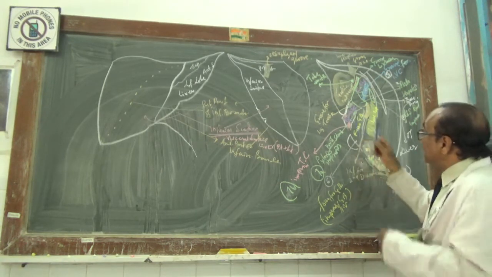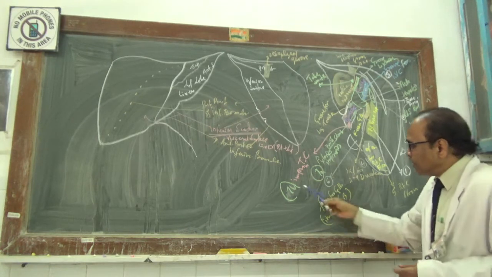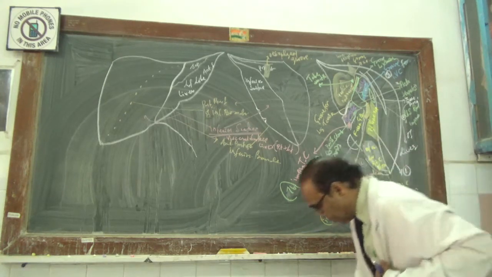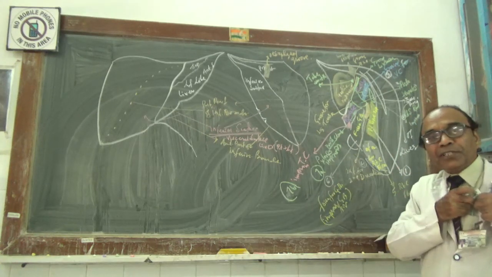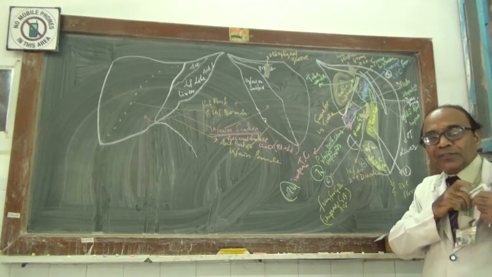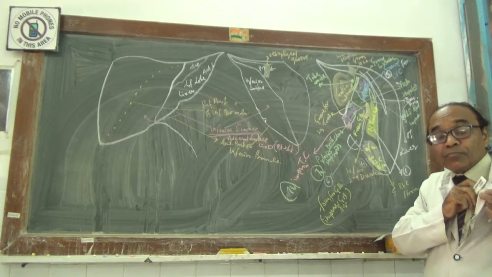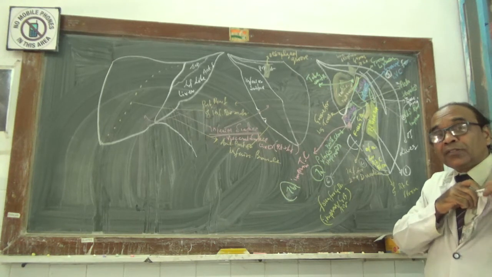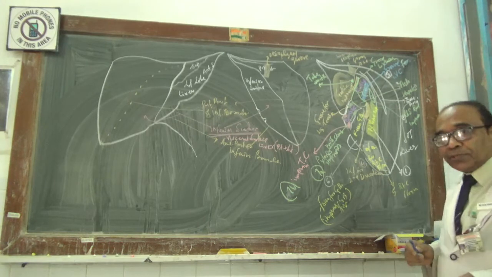Now, after this, you have to go to one more impression. That impression is made by the transverse colon. Now, the impression for the transverse colon is bigger and longer compared to the pyloric impression.